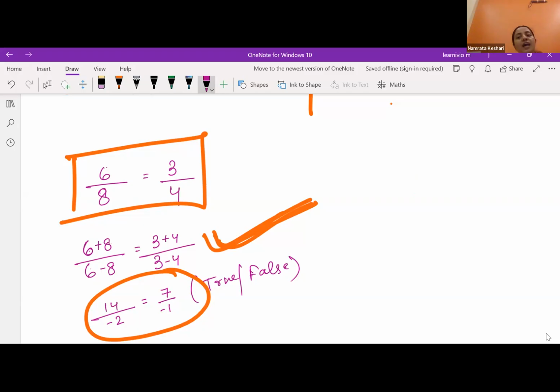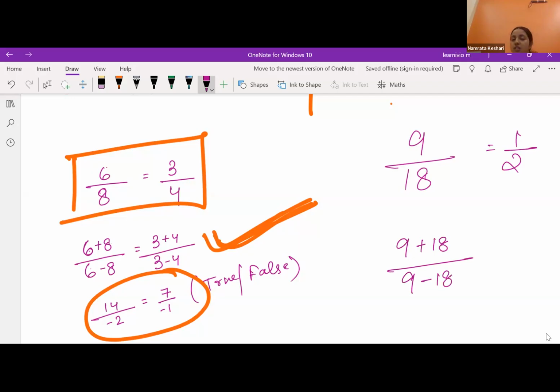Suppose we are having 9 by 18, which is same as 1 by 2, right? Yes, ma'am. If we add the denominator to the numerator and subtract the denominator from the same numerator, I'm not changing the sequence. Numerator first, added denominator. Numerator first, subtracted denominator. But I am bound to do the same thing on the other side.